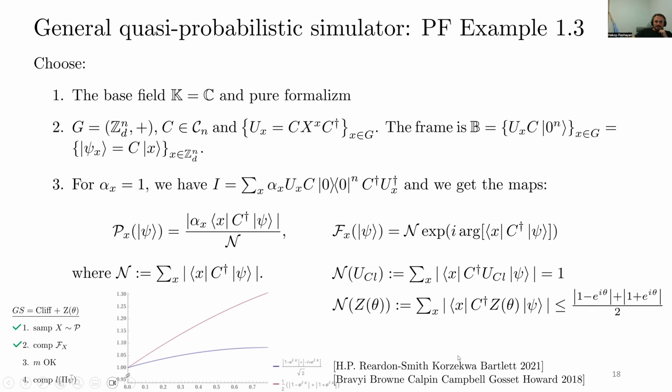In this paper with Oliver Reardon-Smith, Michał Oszmaniec, and Stephen Bartlett, 2021, we did a Born rule probability estimator. And these are stabilizer extent-based quasi-probabilistic methods. And this Bravyi, Browne, Calpin, Campbell, Gosset, Howard 2018 paper is again a stabilizer extent-based method that achieves this sharper runtime.